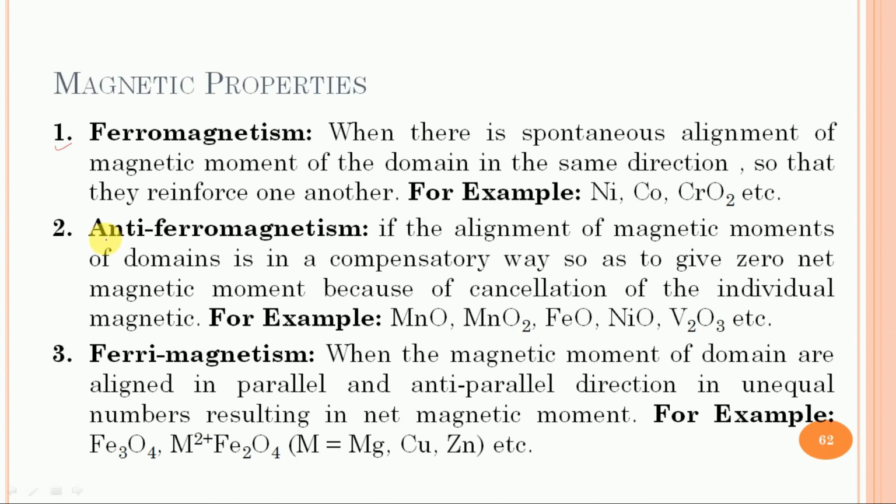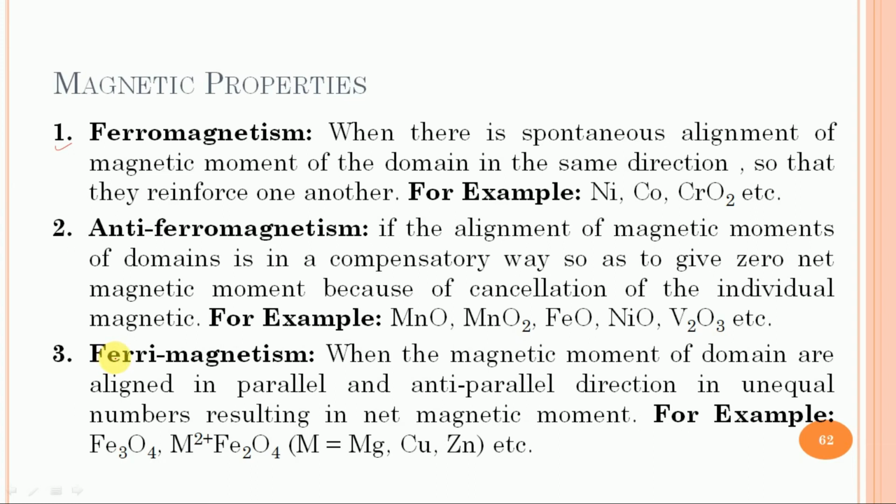Then we get an antiferromagnetic material. Common examples of antiferromagnetic substances are manganese oxide, manganese dioxide, iron oxide, nickel oxide, and vanadium trioxide.